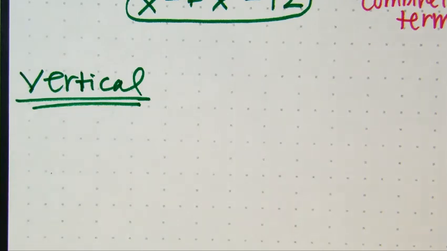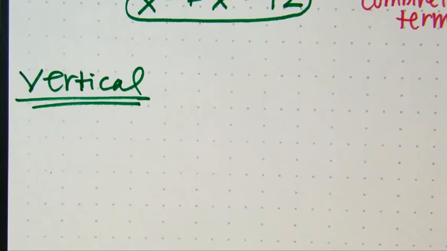So when we were adding our polynomials vertically, we set them up just like you would set up large numbers that you add, right? We lined up by place value in regular adding, but with our polynomials, we lined up by term, right? Our constants lined up, our x's lined up, our x squareds lined up.